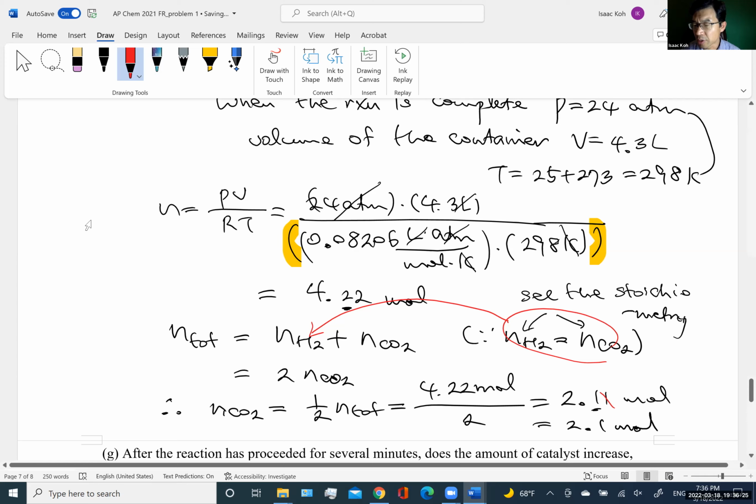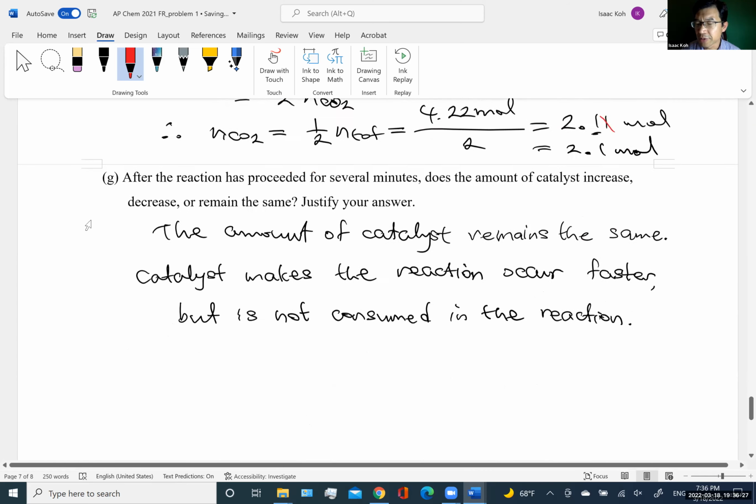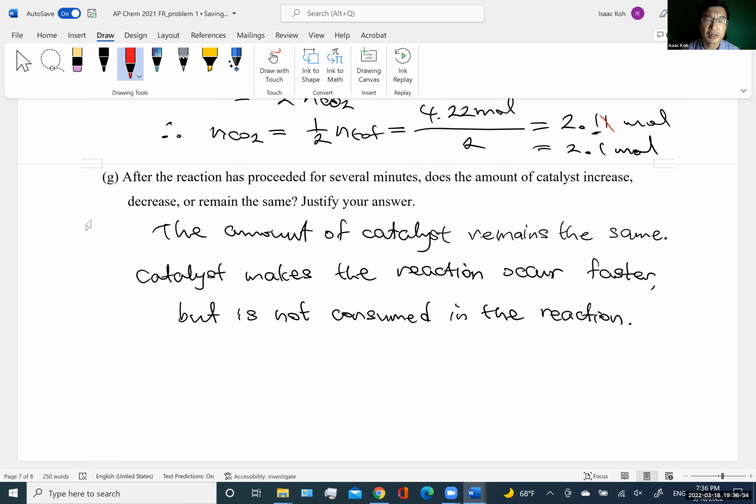Okay, now we have come to the last problem. After the reaction has proceeded for several minutes, does the amount of catalyst increase, decrease, or remain the same? Justify your answer. Let's think about it. Catalyst is a very important concept in chemistry.